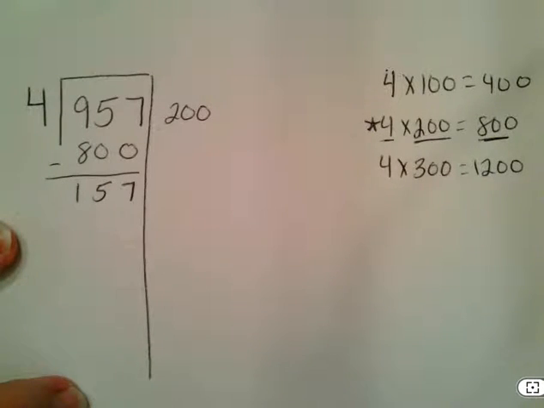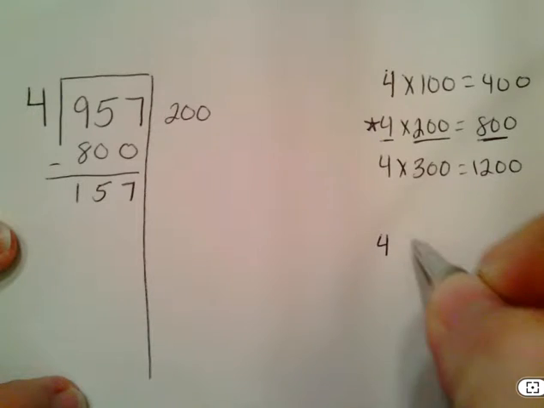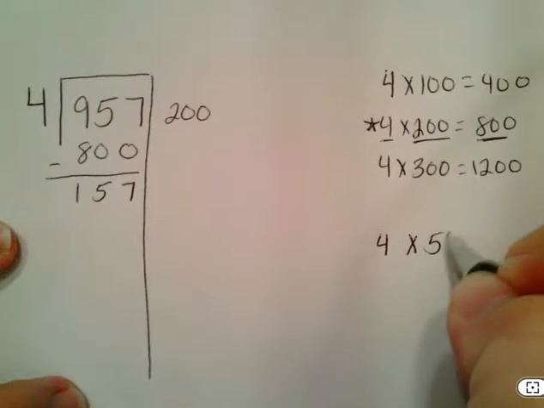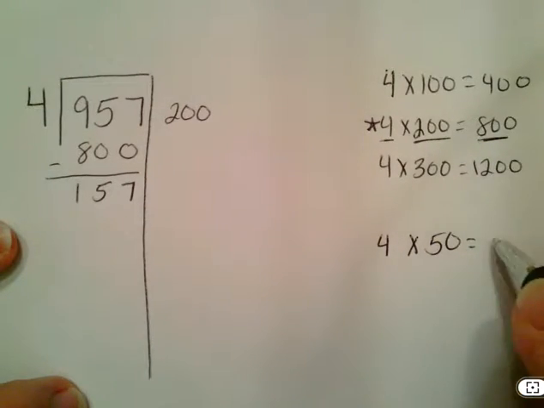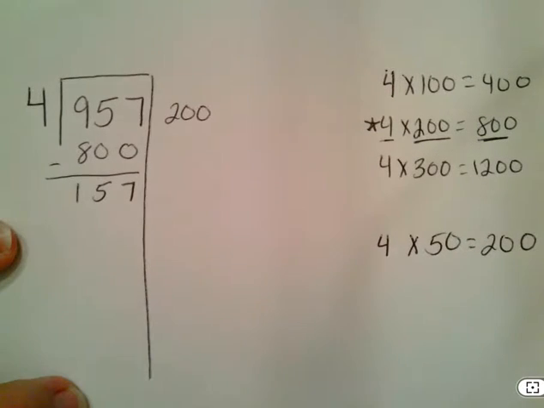Now I can't really do 4 times 100 because it's going to be 400, which is too big. I could go ahead and try 50 if I wanted. So I'm going to go back to my helper. I'm going to do 4 times 50. Now 4 times 5 is 20, and then I'm going to add that 0 back. So 4 times 50 is 200, and so that is even still a little bit too big.